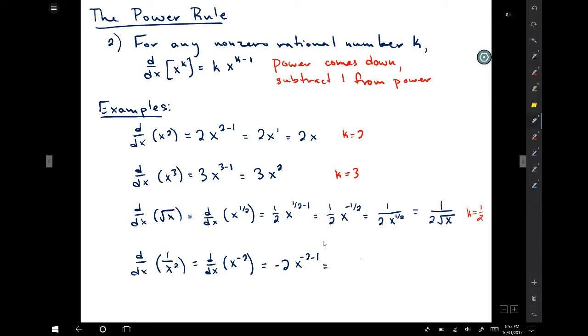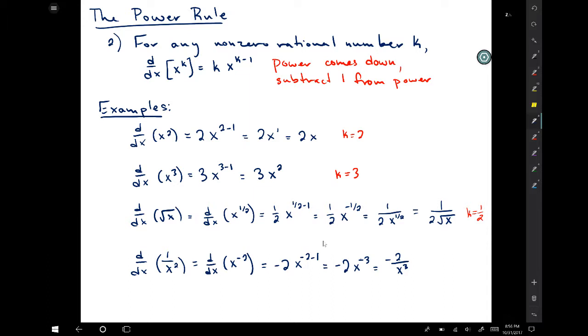And so what happens here is something that's a little bit weird. It looks like my power goes up. I mean, it went from minus 2 to minus 3, so that's down. But now when I rewrite this, getting rid of the negative exponent, rewriting it as minus 2 over x cubed, it looks like my power goes up.